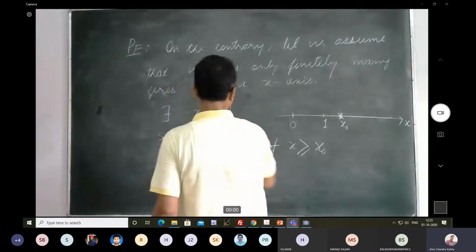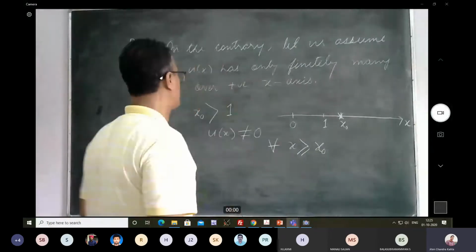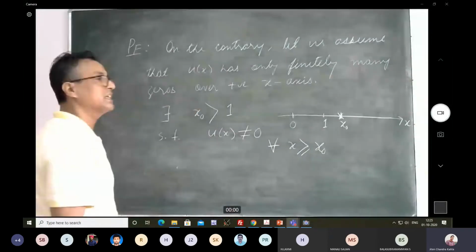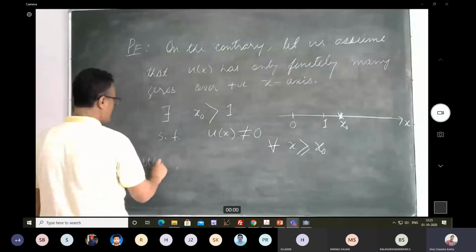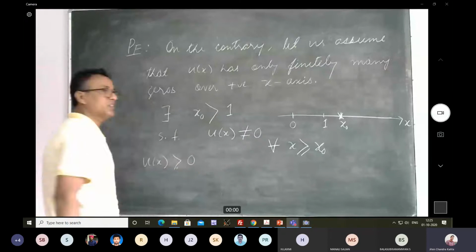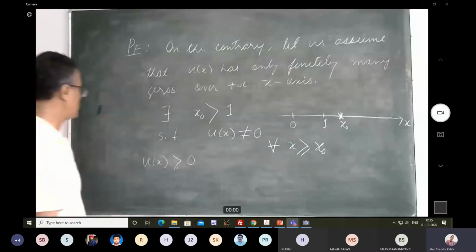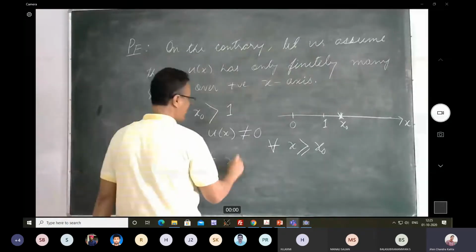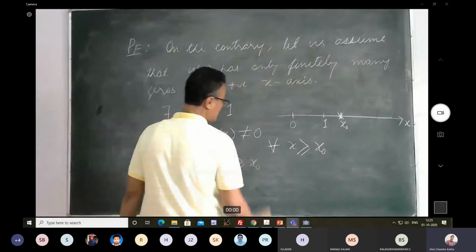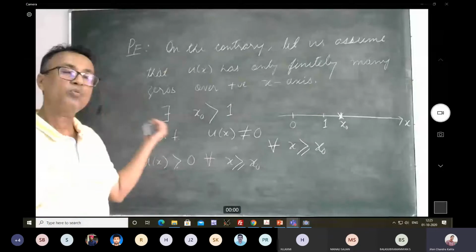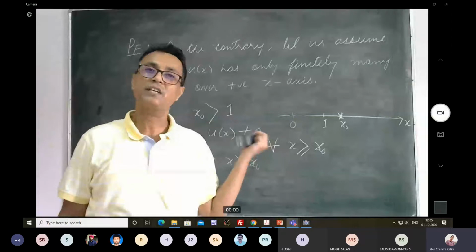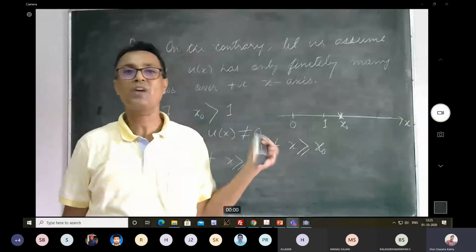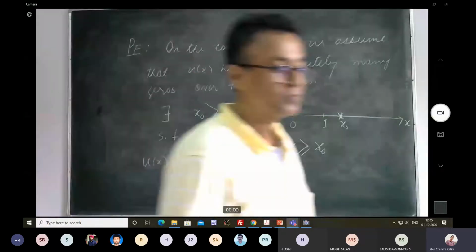Because u(x) is not equal to 0, as before, without loss of generality we can assume that u(x) is greater than 0 for all x greater than or equal to x0. We could have assumed it to be negative also, but I can guarantee that you get to the same conclusion the way we are going to prove the theorem. Is it okay?